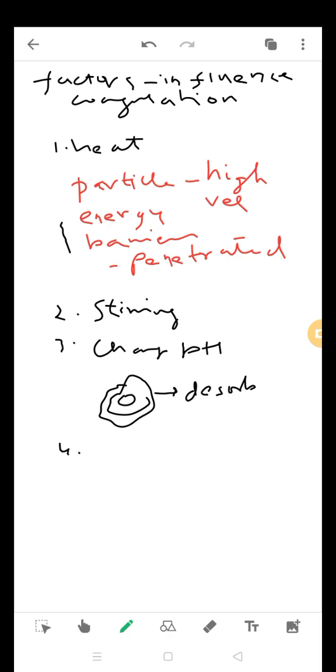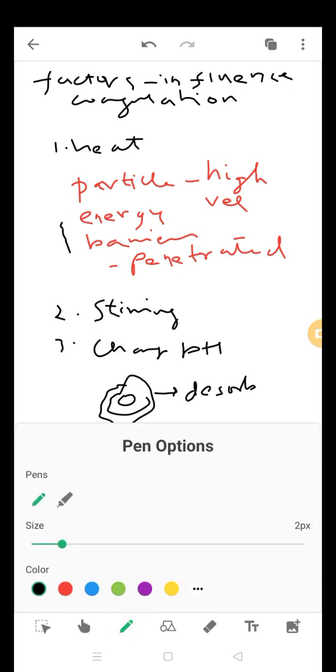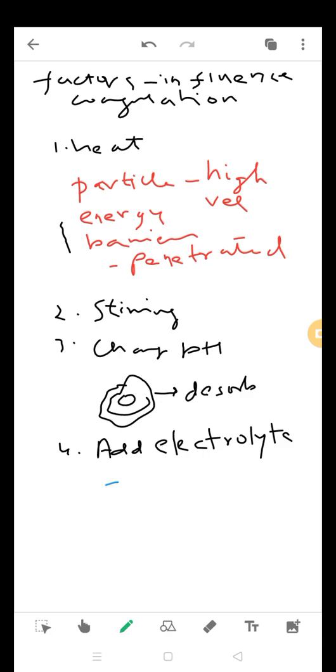And the fourth one is if we add an electrolyte. Additional electrolyte will neutralize the particle surface.